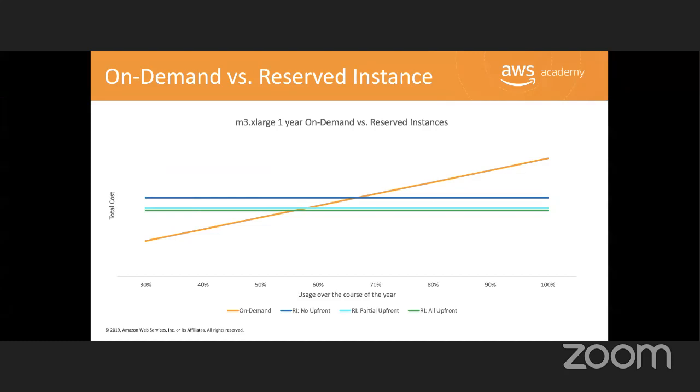So it's very easy to say, okay, let's go all upfront to save money. No, it depends on your scenario, what you have. For example, what I just said, that if you make no upfront payments at all, but you can commit to running this instance in this graphic at least 72% of the time for at least a year, then no upfront is the option to go.